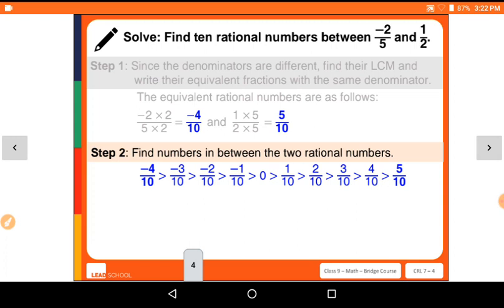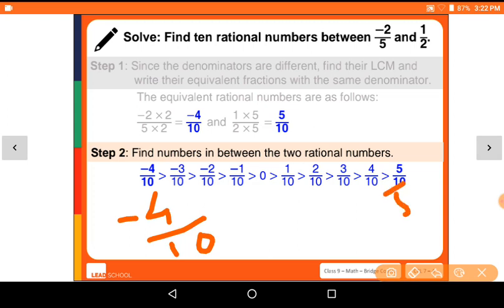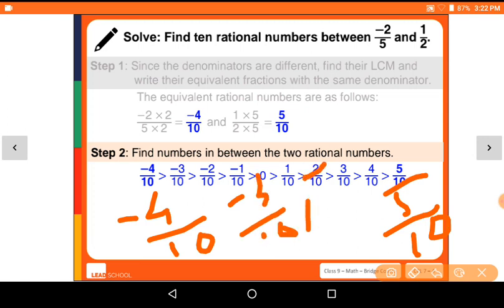So in step 2, we have to find the numbers in between the two rational numbers. First is minus 4 by 10 and second one is 5 by 10. हमें क्या करना है, ये दोनों के बीच में जितने भी नंबर्स हैं हम उसको यूज कर सकते हैं। तो हम ऐसा यूज कर सकते हैं: minus 4 के बाद आता है minus 3 by 10, minus 2, then minus 1, then 0.